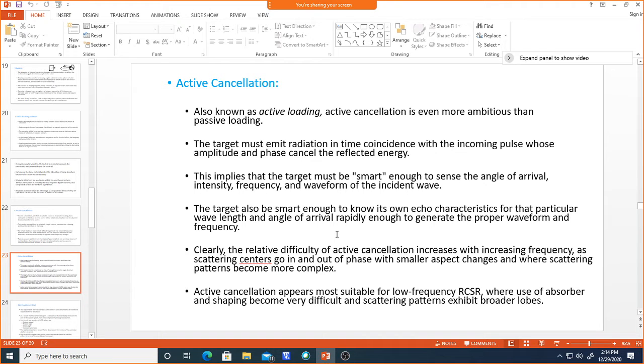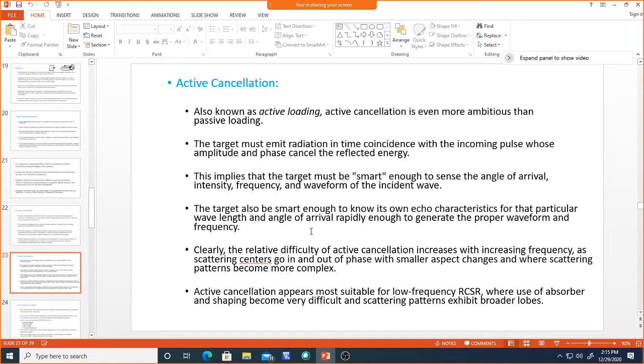It should know the echo characteristic and produce the echo signal with the proper waveform and frequency at whatever frequency you are operating. Clearly, the relative difficulty of cancellation increases with increase in frequency.